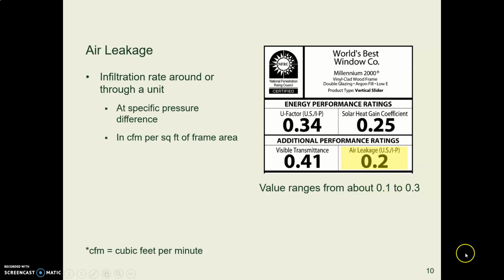And I call your attention to CFM, cubic feet per minute. If you were a technician in heating and air conditioning, you would be concerned with CFM in several ways. One way you'd want to know how many CFM of airflow do you have from your heating or cooling unit, so you'd talk about CFM.